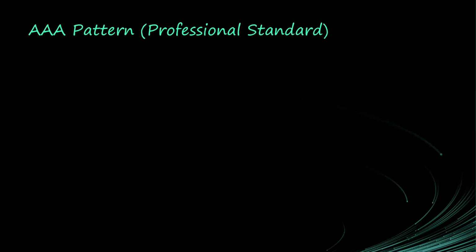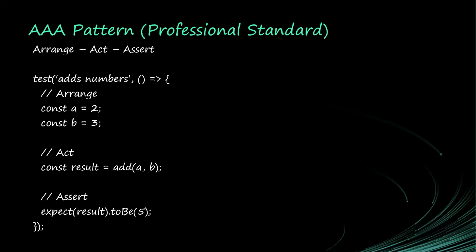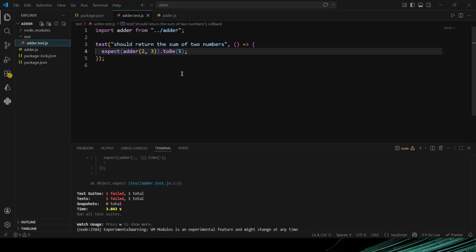Okay, so now there's something we call the triple A pattern. First of all, you arrange, then you act, then you assert. How does this work? Now look at this function. So let's go back to our test function and rewrite it.